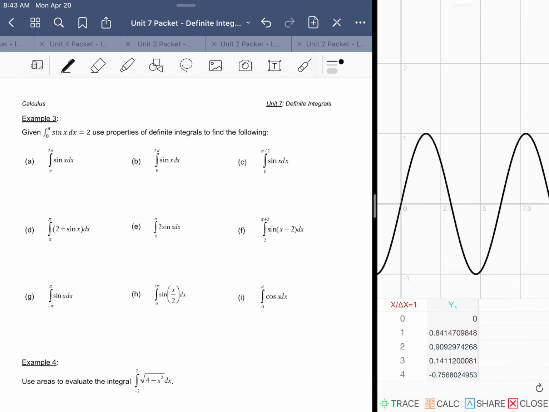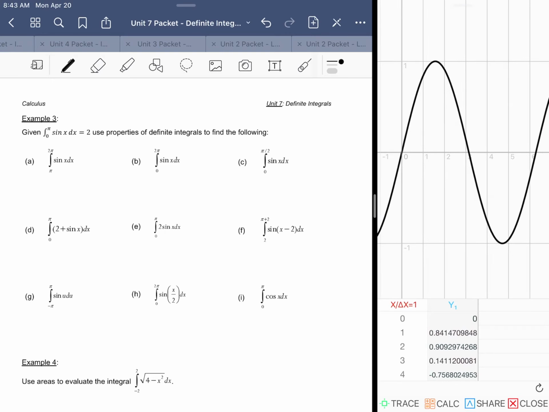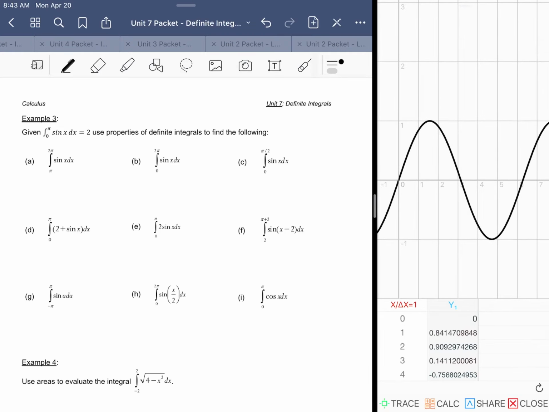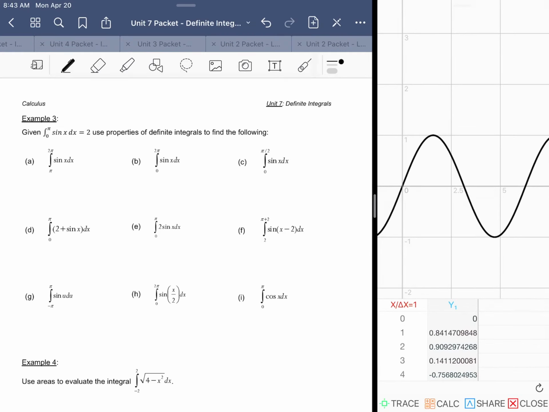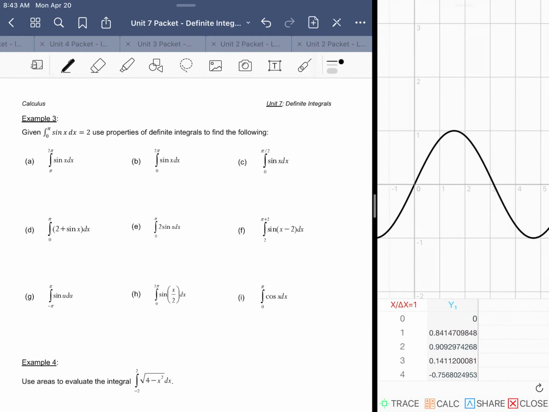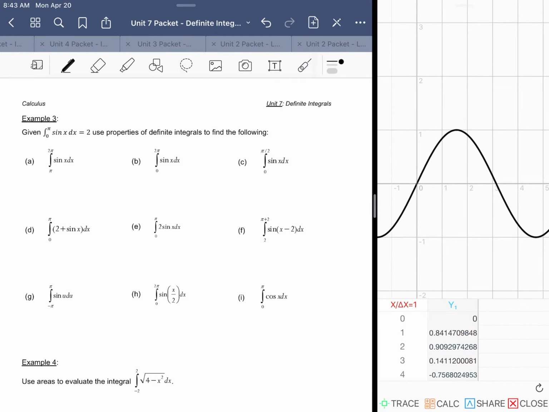For you, it's a little easier, actually, than my awesome calculator here. All you have to do is sine of x and then zoom 7, zoom trig. Bring up this graph and work off of that. Just one period of this graph going from 0 to 2 pi will get the job done.